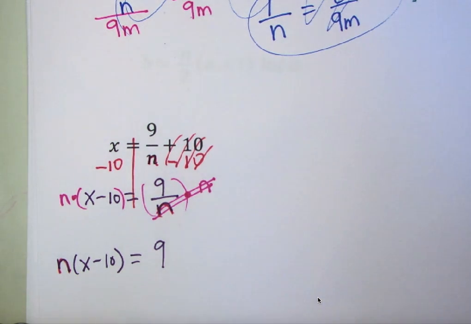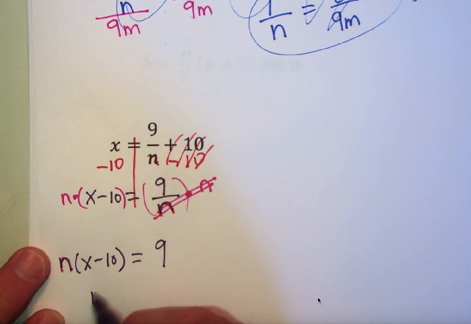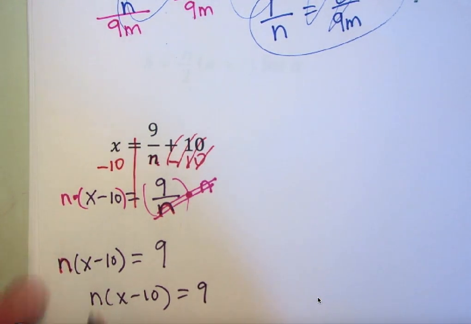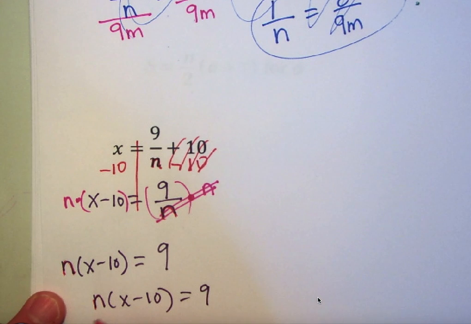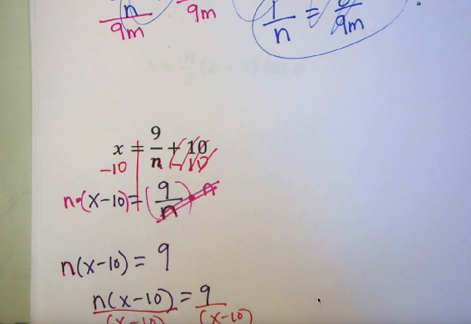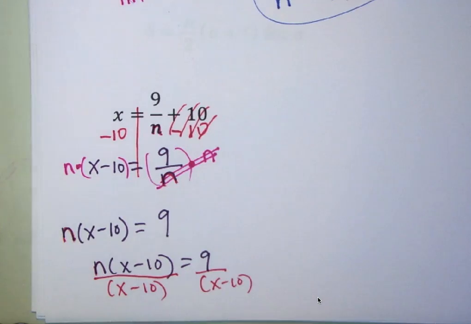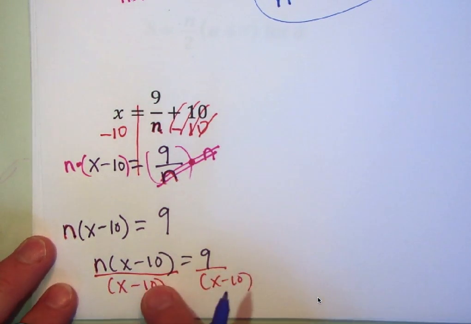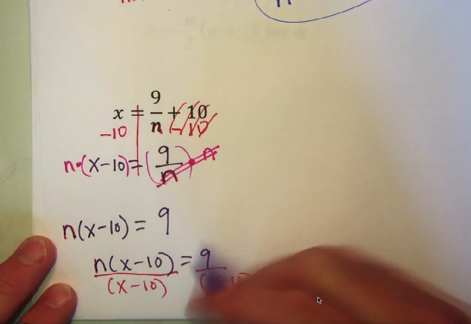So what we're going to do instead is undo what's being multiplied by n. What's being multiplied by n? Well, this whole thing, x minus 10. Anything divided by itself, 5 divided by 5, 10 divided by 10, a million divided by a million, is just 1.